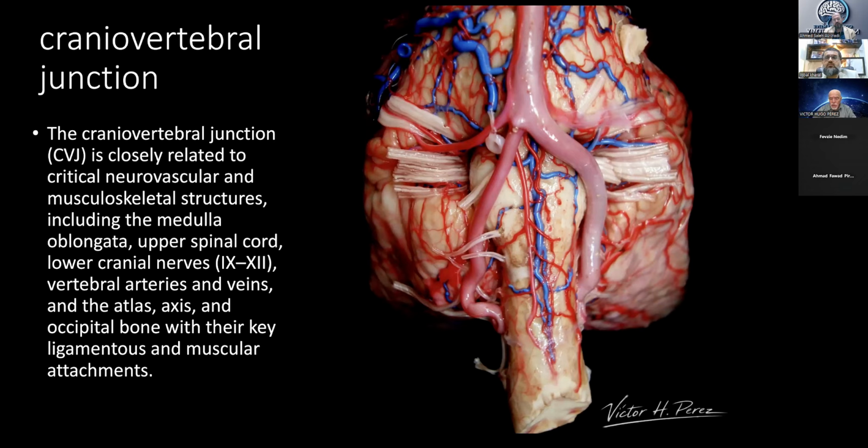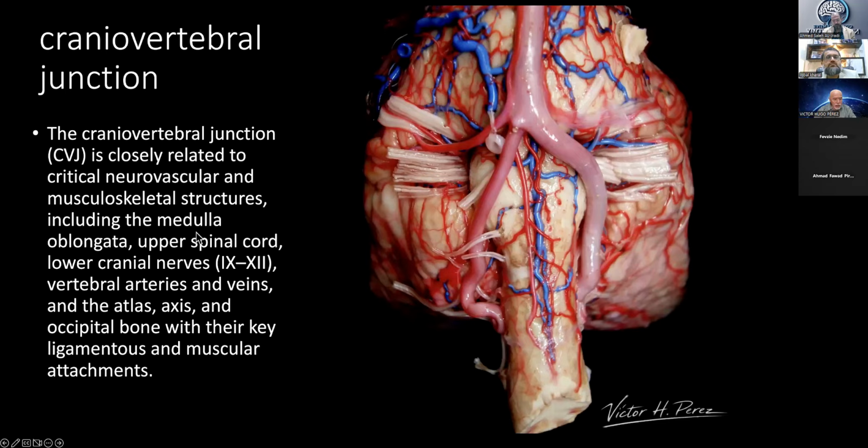They have been injected with silicone, color red for arteries and color blue for veins. This is an anterior aspect of the brain stem, specifically the pons, medulla oblongata, and upper part of the cervical spine.